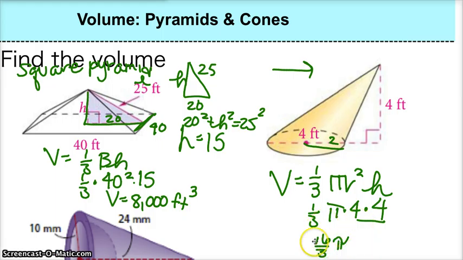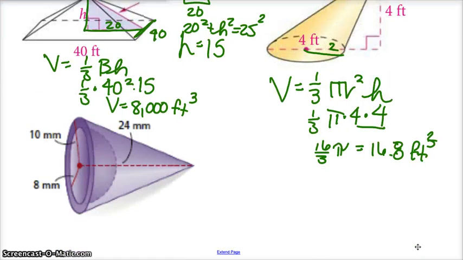This is exact terms. If you want to type it in, 16 divided by 3 times pi gives the decimal 16.8, rounded to the nearest tenth.